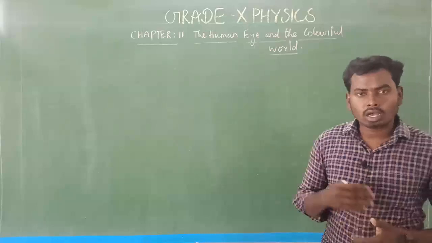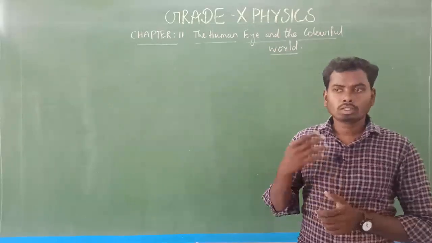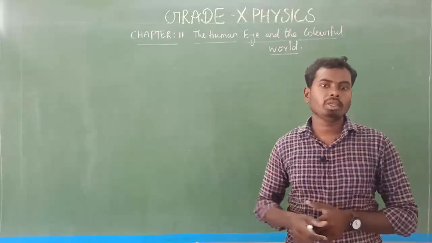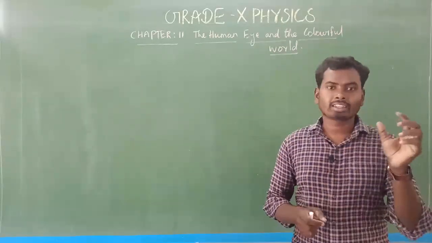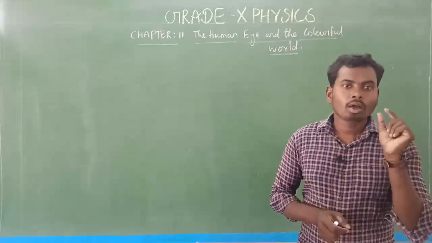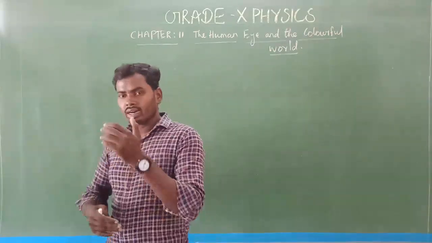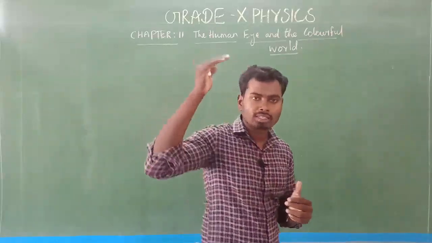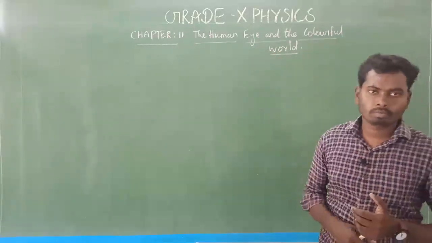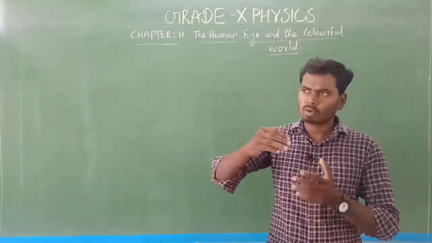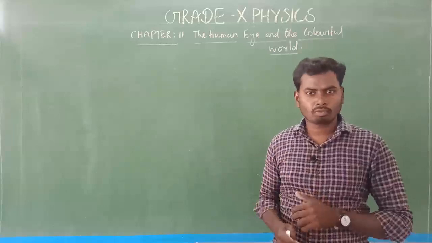So the stars are located millions of kilometers away from the Earth's surface, so they act as a point source. What is that? Point source. So what is between the Earth's atmosphere and the star? That is vacuum. The atmosphere is present only for a minimum number of kilometers from the Earth's surface.